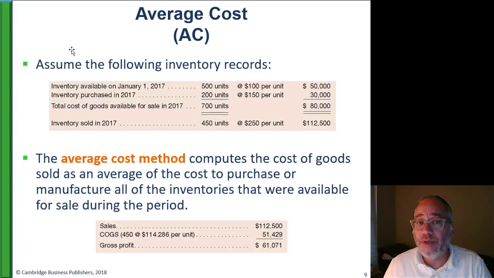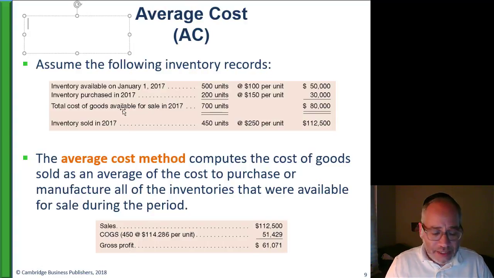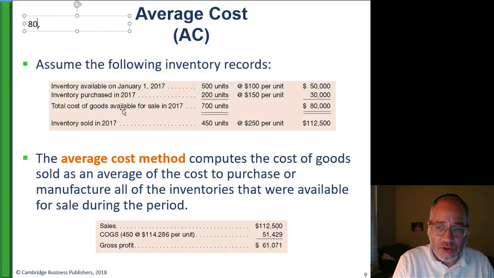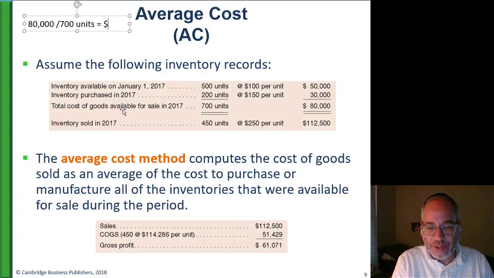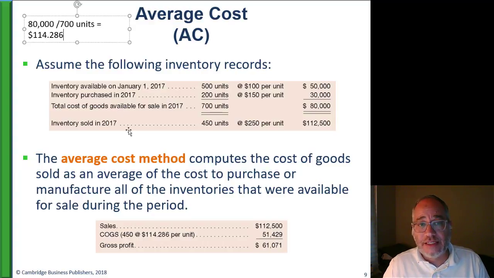Same scenario, but we need to figure out how much goods cost on average. So I'm going to make a little text box here and show you. We would take 80,000, because that's the total cost of goods available for sale, and divide by the number of units available for sale, and that would give us the average unit cost, or $114.